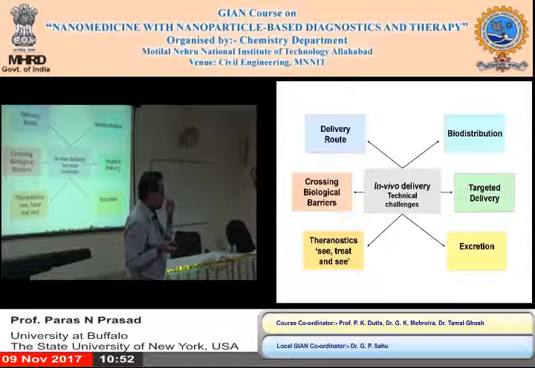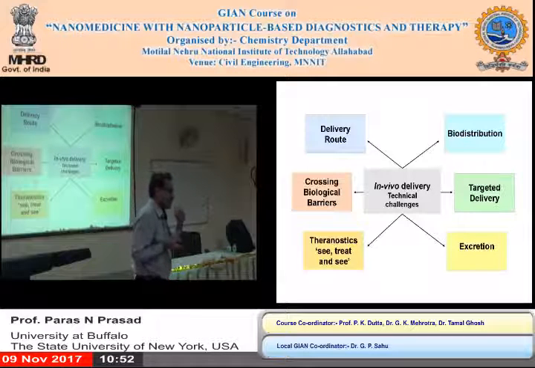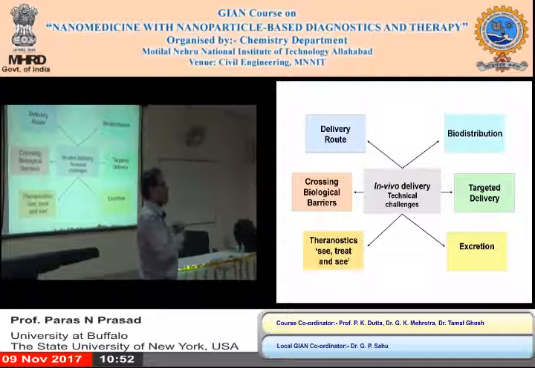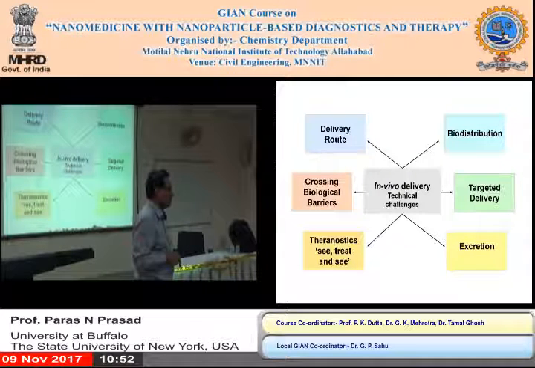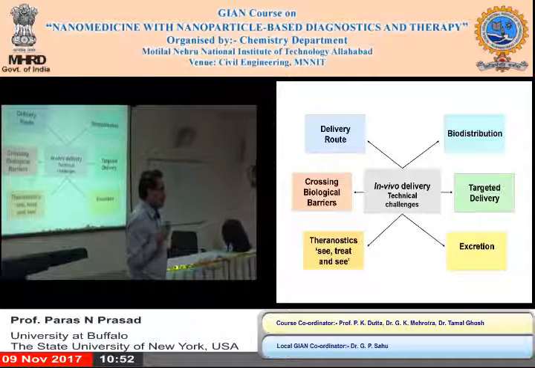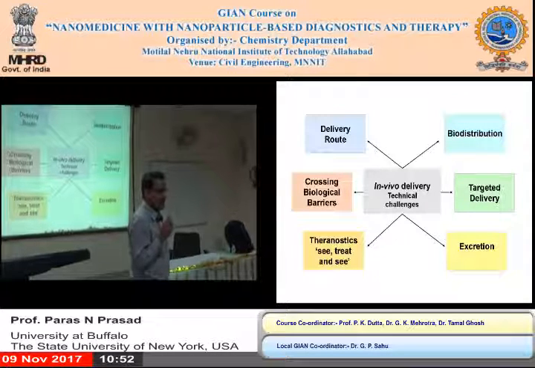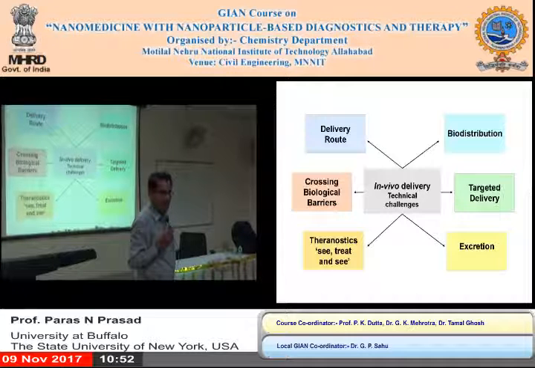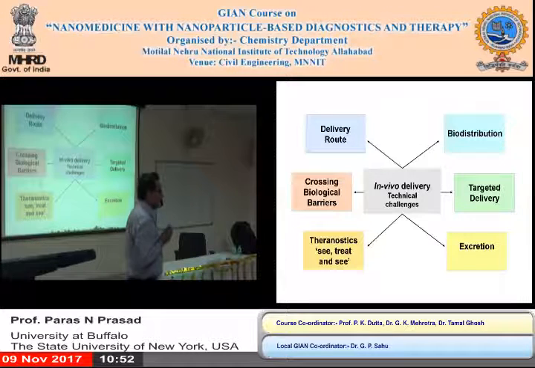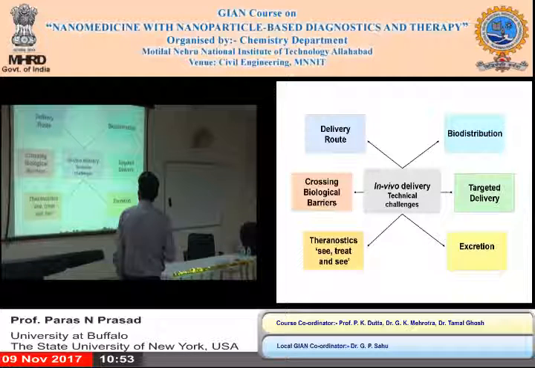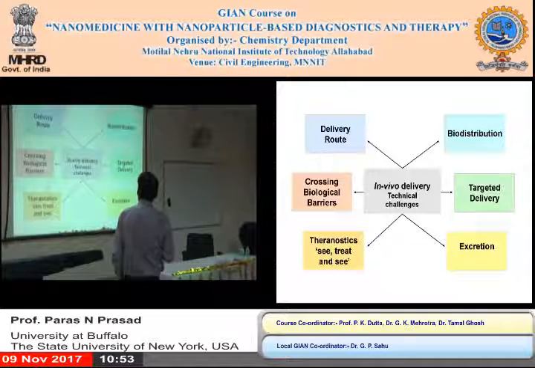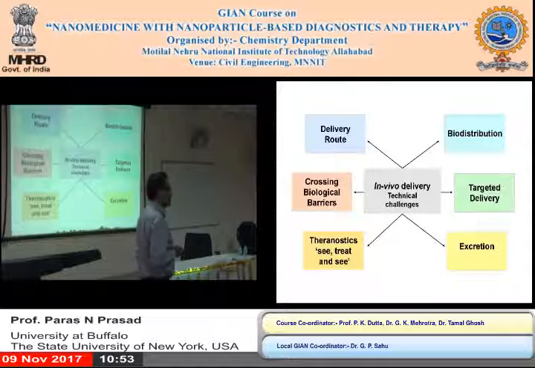Through nasal spray. Yeah, I was going to say. So you can spray in the nose and it goes through that channel cavity inside, right? So there are many ways of delivering. I need to choose for a given disease what is the best way of delivering it, okay? And so you need to decide that. Then a very important part is crossing the biological barrier.